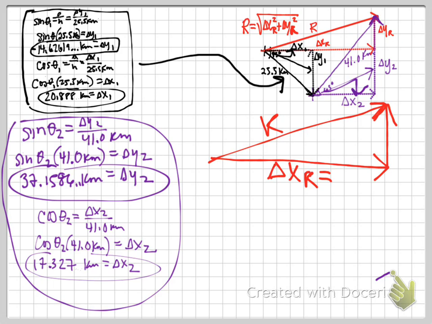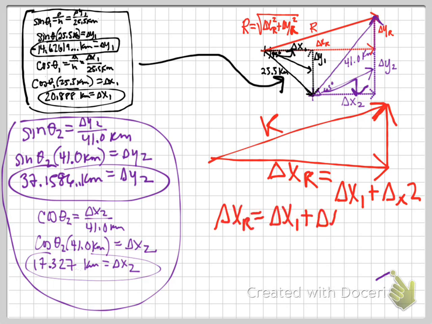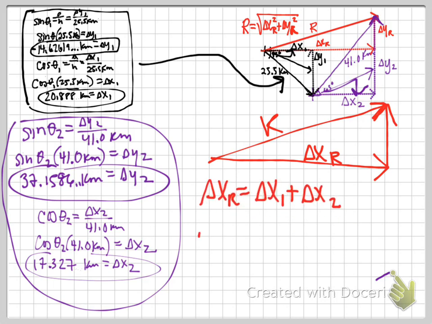So delta x resultant equals delta x1 plus delta x2. Delta x1 and delta x2 are both in the same direction. She's traveling east both days.